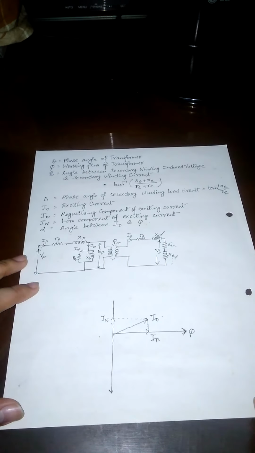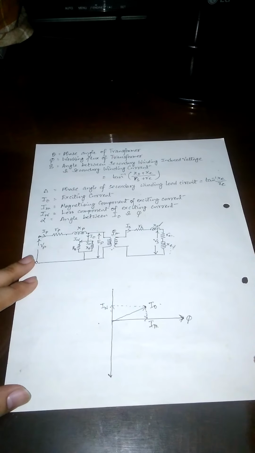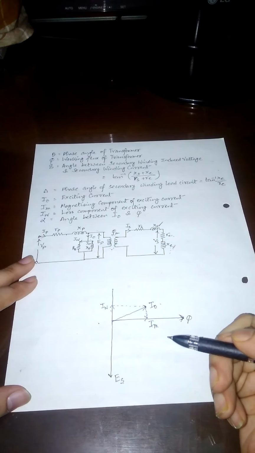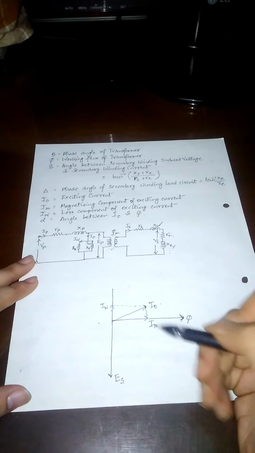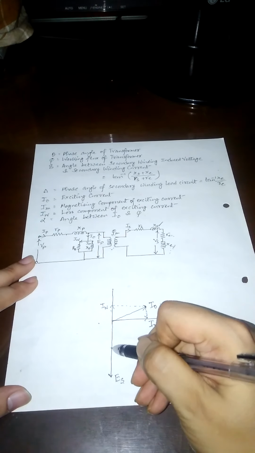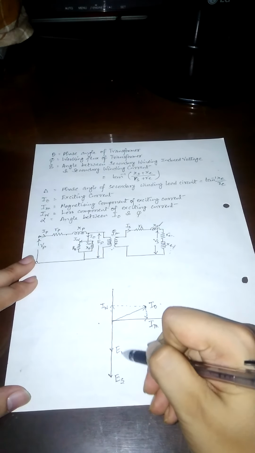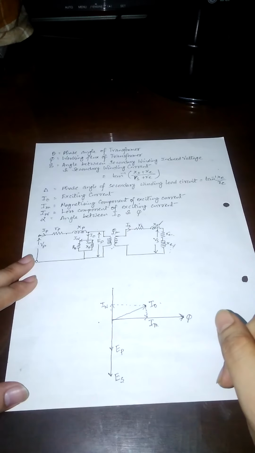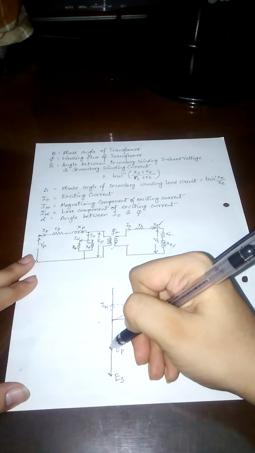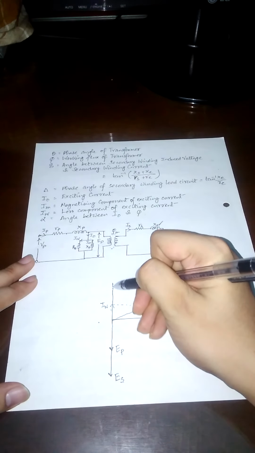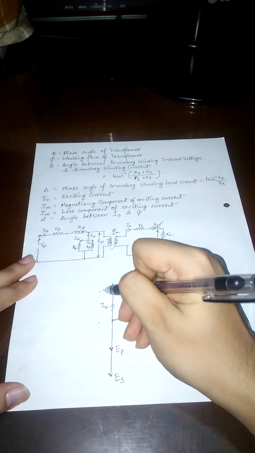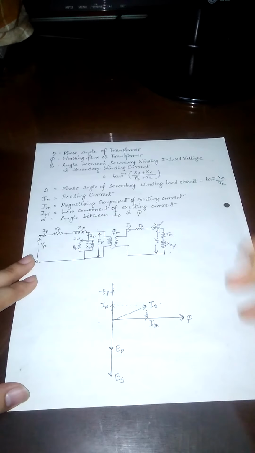Now in the transformer, this is the ES, and obviously we also get EP, that means the primary winding induced voltage and the secondary winding induced voltage, EP and ES. Now from EP we can get minus EP.